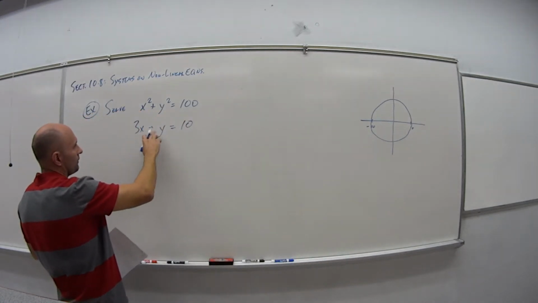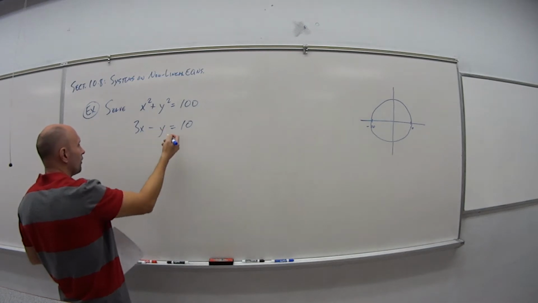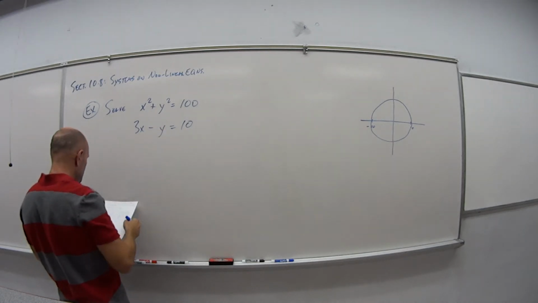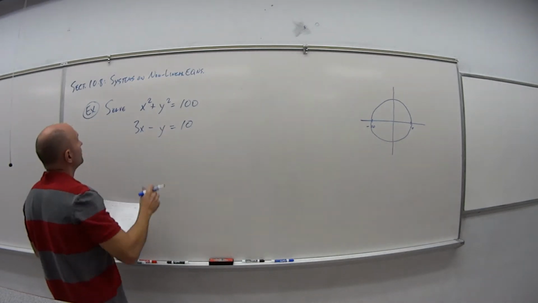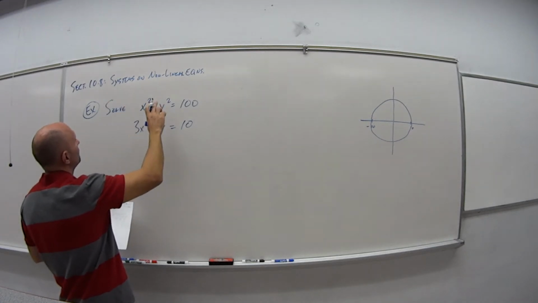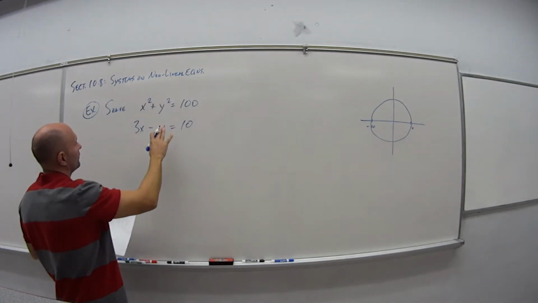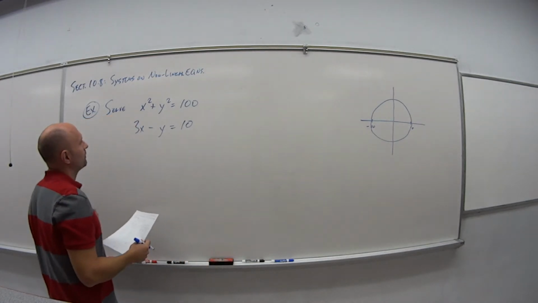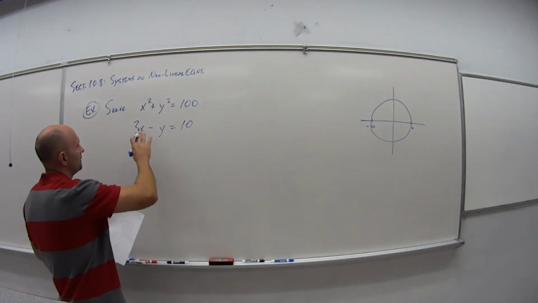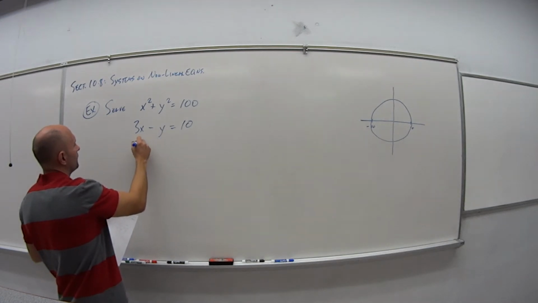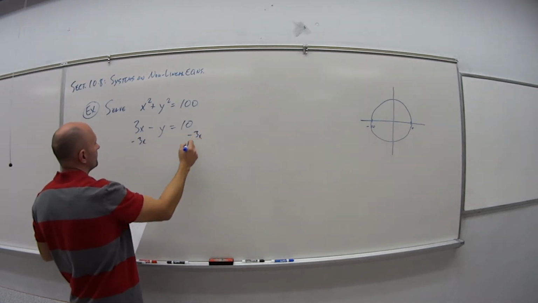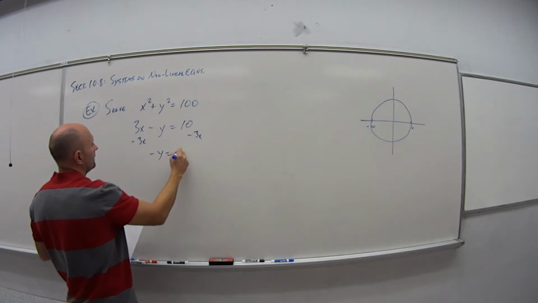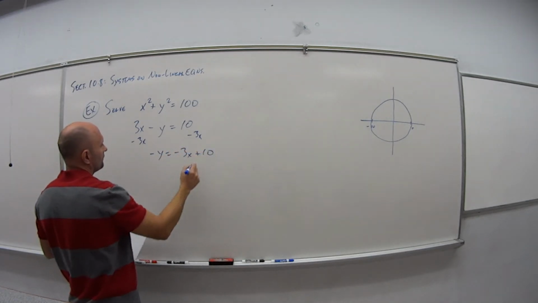And this one is a line. Depending on whether we have a line as part of our system, we can use the substitution method. If we don't, we're probably going to have to rely on the elimination method. This one has the line, so if I solve for y, I get negative y is minus 3x plus 10.